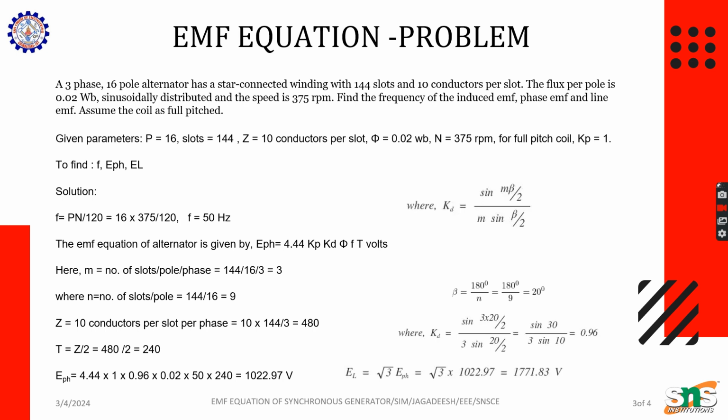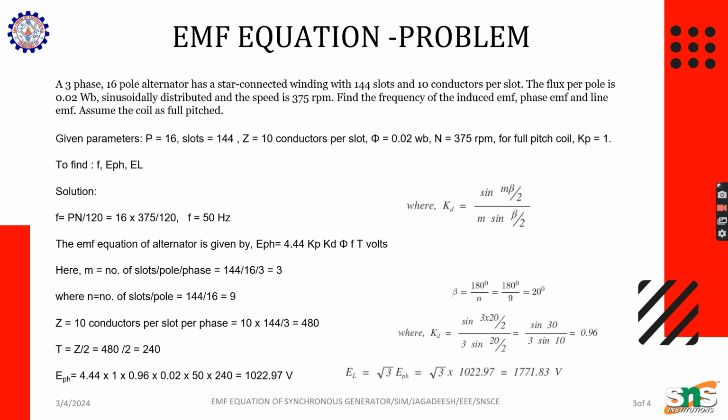With this problem statement, we can take the parameters. The number of poles is 16, the number of slots is 144, and there are 10 conductors per slot.